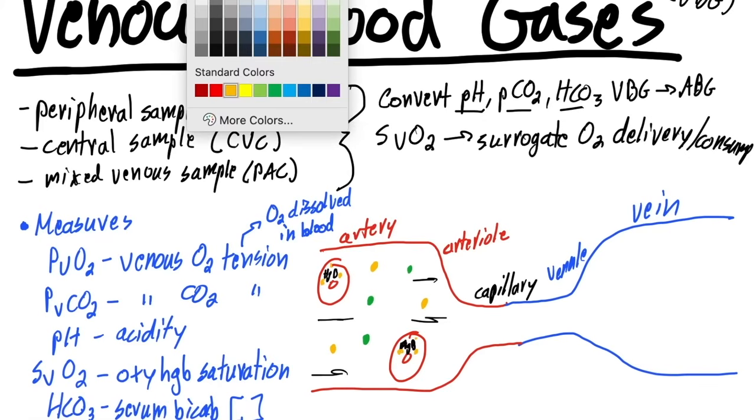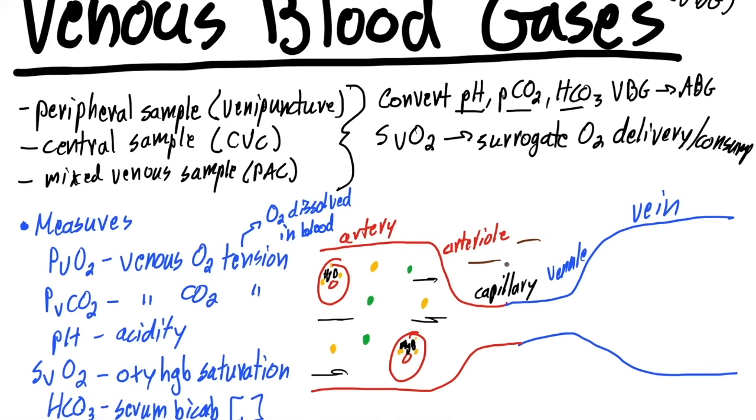And the capillary has tissue outside of it. As these red blood cells go through the capillary, and as this dissolved oxygen and the dissolved carbon dioxide go through, things happen. You get oxygen that flows out from both the hemoglobin as well as the oxygen tension.